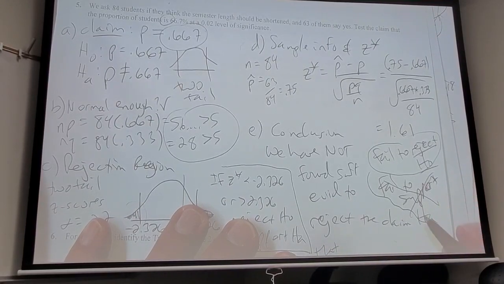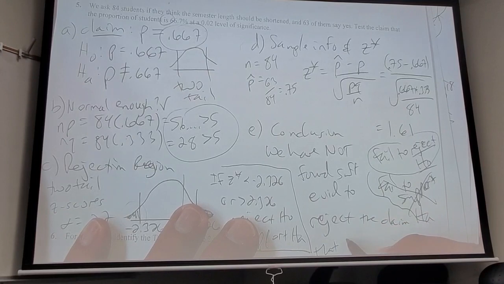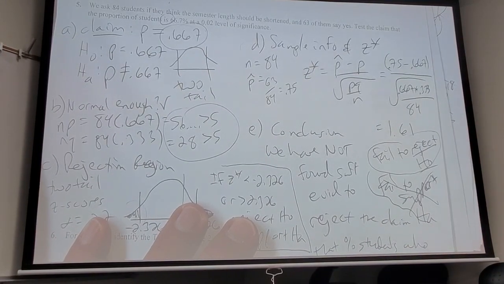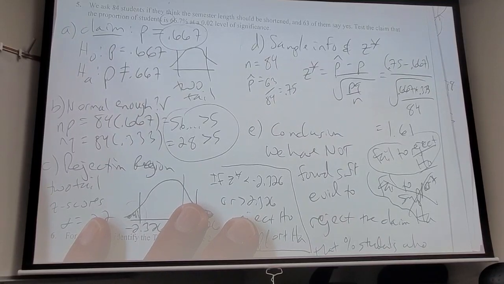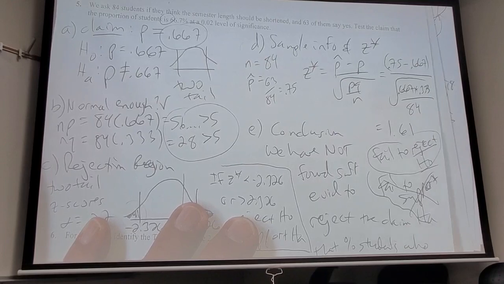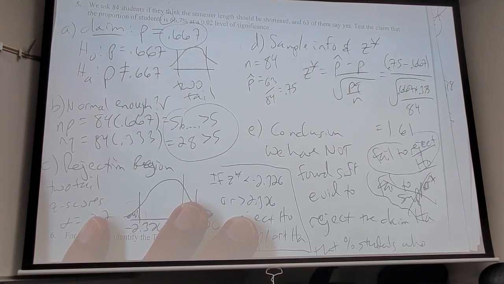The proportion of students, percentage of students who want shorter semesters is 66.7%.